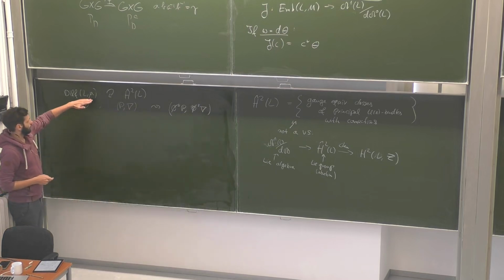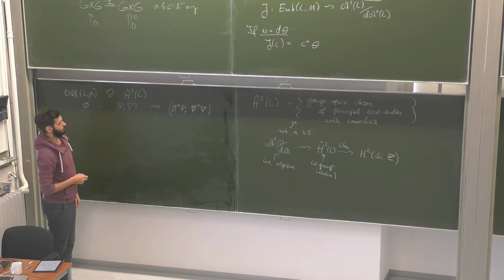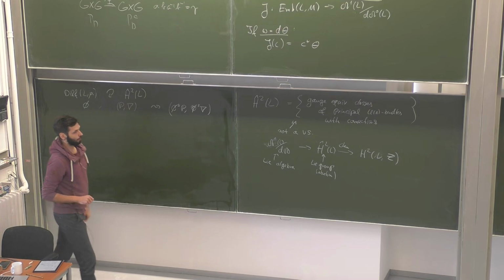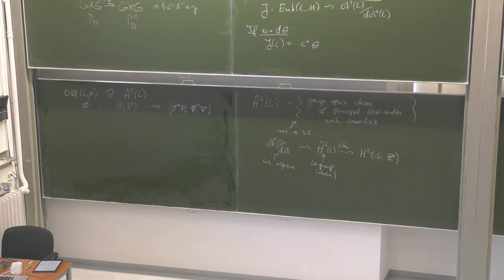That gives us a nice action of the diffeomorphism group on that space of principal bundles with connection. So now I can apply this hierarchy, which I consider as the action of G on the dual. So I take the derivative and I get a Poisson Lie structure.